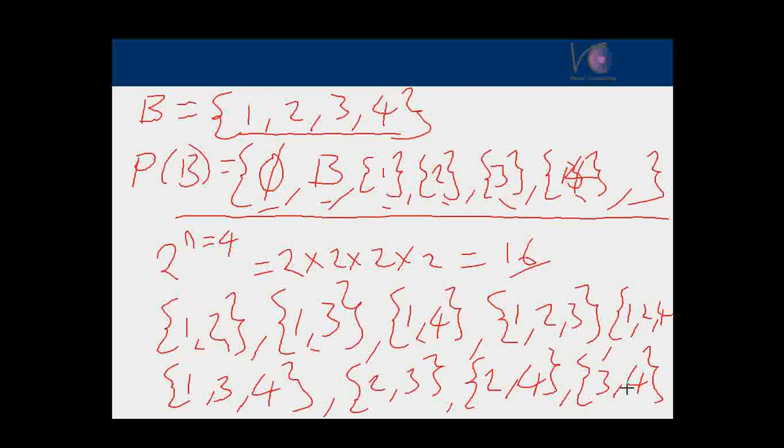Do we have {2, 3, 4}? We don't. So that is the set that is missing: {2, 3, 4}. So all these elements, starting from the empty set all the way to {2, 3, 4}, this group is what is called the power set of set B.